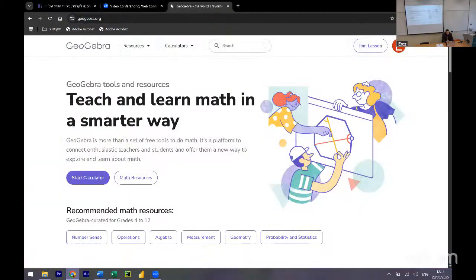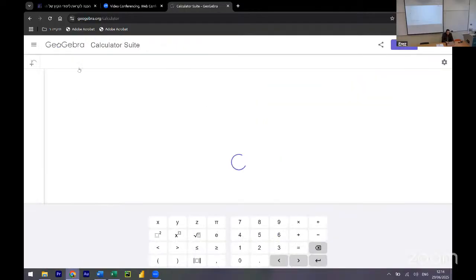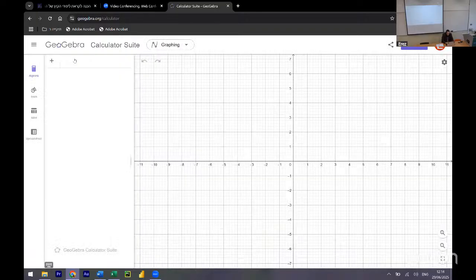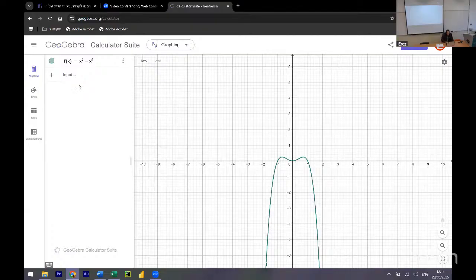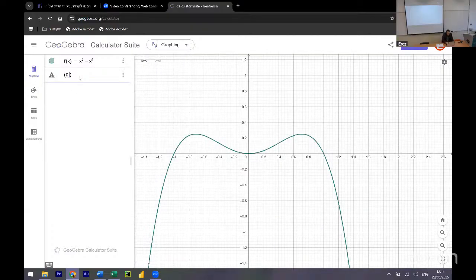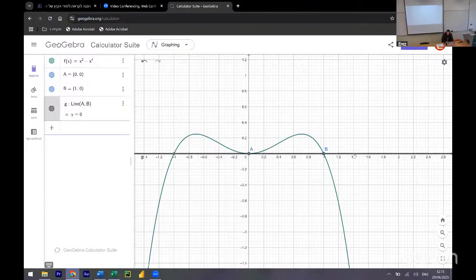Let's take the very function from the last example. So f of x is x squared minus x to the 4. And I'll put 2 points in, 0, 0, and 1, 0. And I'll take the line between A and B. That's the chord.